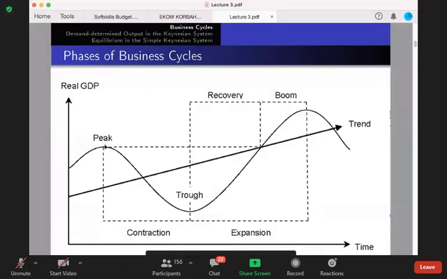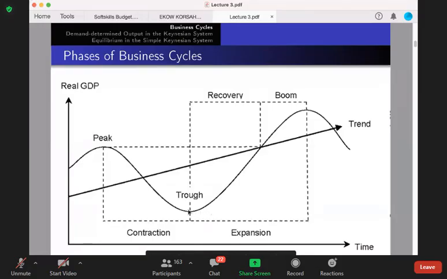But after that peak, it reduced until it reached its minimum at a particular time. And then from there, it increases until it gets to another peak. The movement from one peak to the lowest point, the trough, signifies a contraction in the GDP.